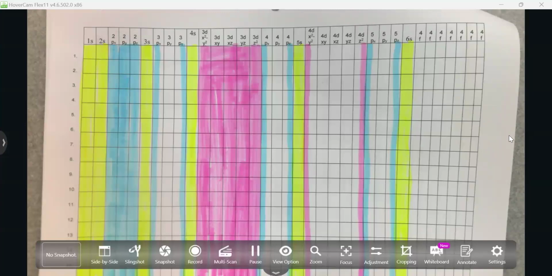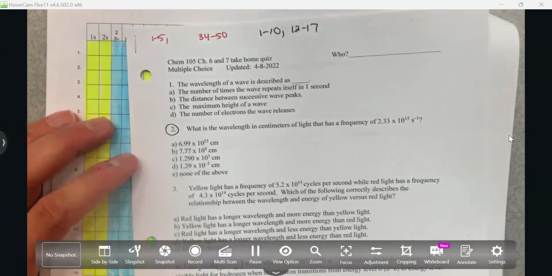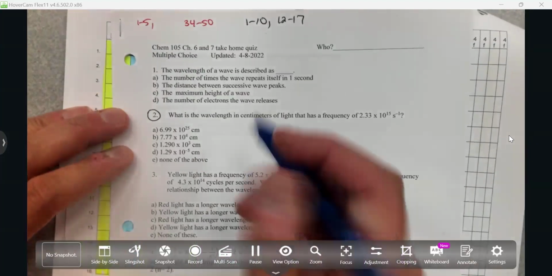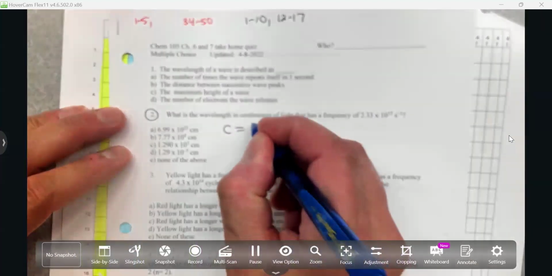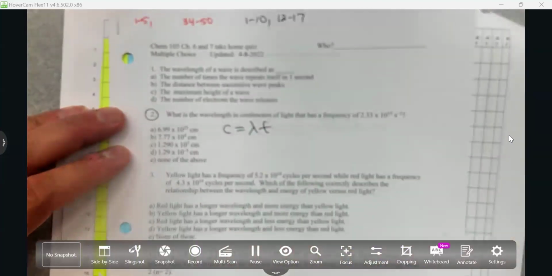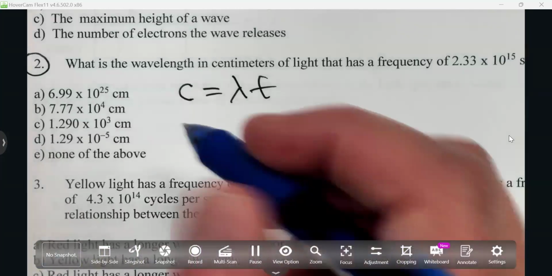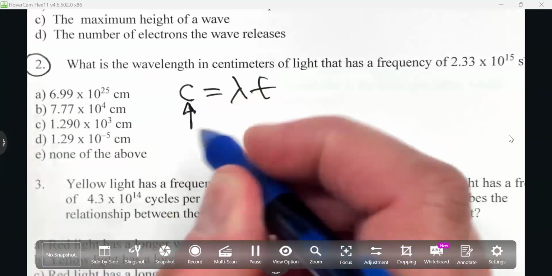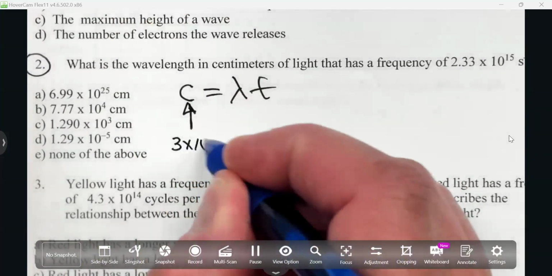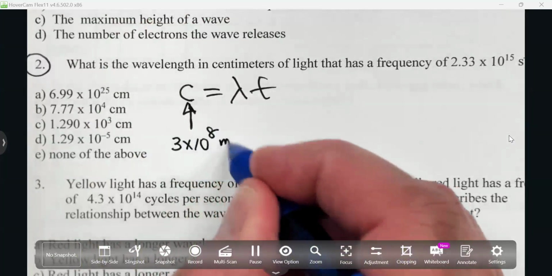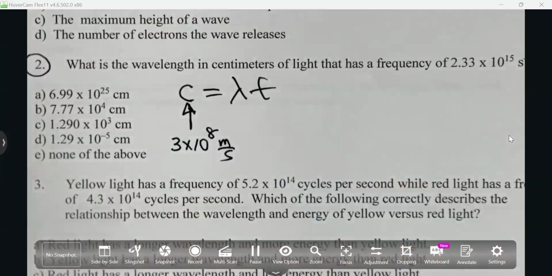All right, so let's see, we've got quiz question number 2. We've got c equals lambda f. This is the speed of electromagnetic waves. We know that this is 3 times 10 to the 8 meters per second.